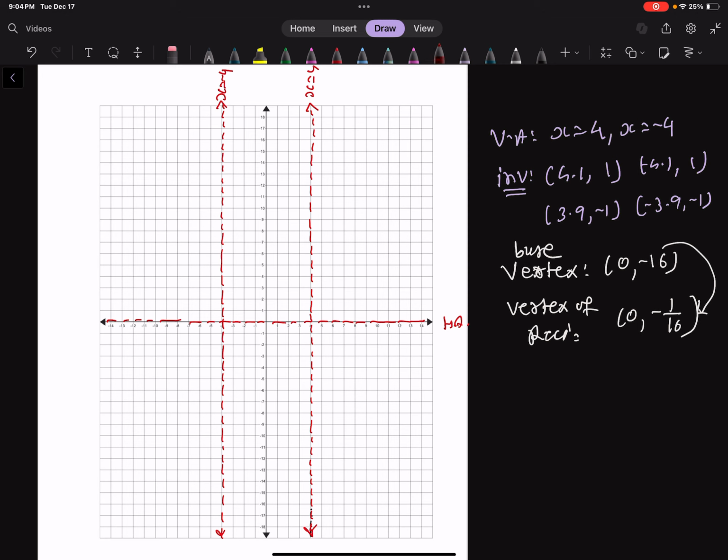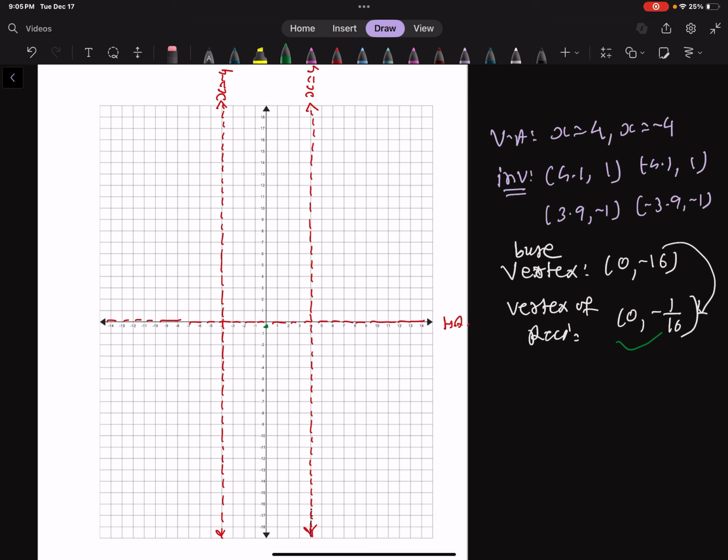So let me plot the other points. Vertex (0, -16), it's very close. It's right here. Let me plot the point (4.1, 1).